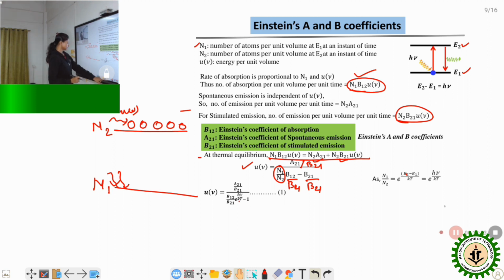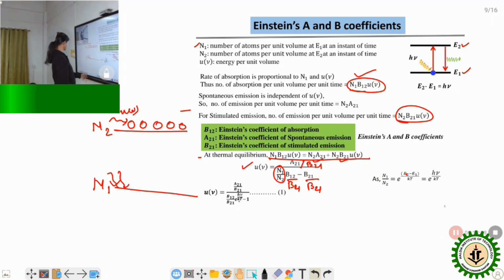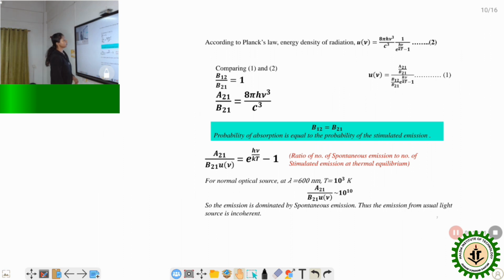After that, this U is also the energy density. We also get one expression according to Planck's law in quantum mechanics, and according to this formula, we get equation 2.